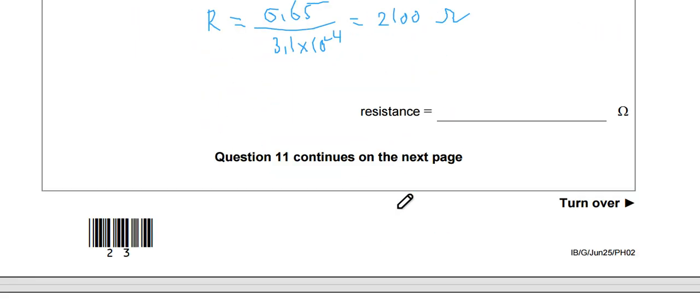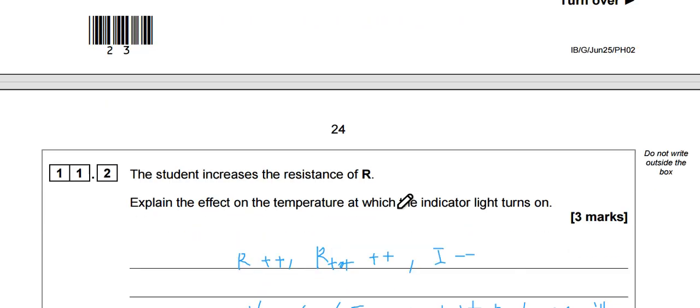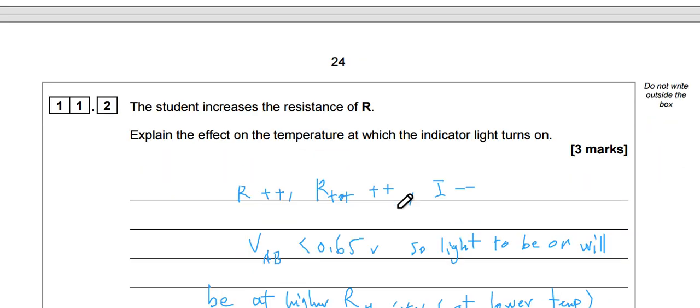When we change this R, also at 37 degrees Celsius, we will change I, and as I said, it will decrease if we increase R.